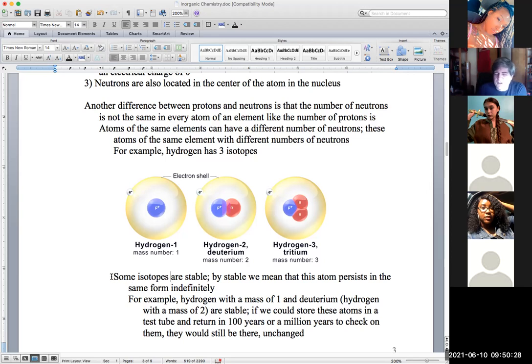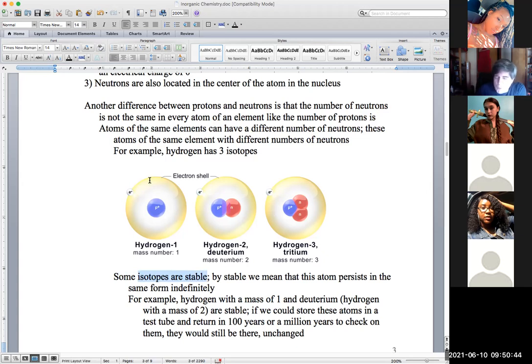When we look at isotopes, some isotopes are stable. And when we say that they're stable, we mean that nothing happens to this atom. It stays hydrogen.